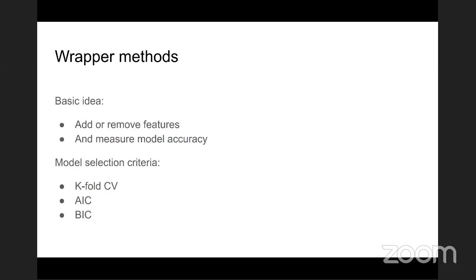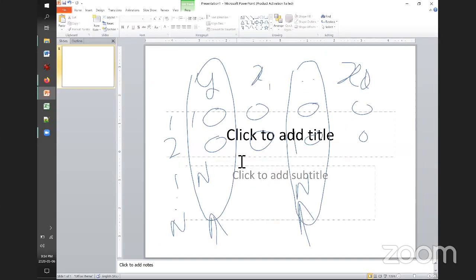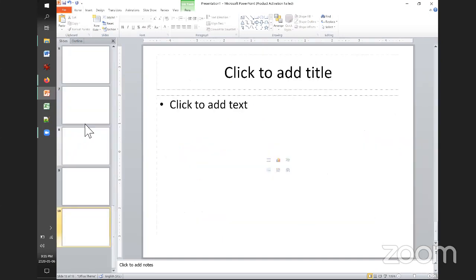Let me again go back here. What I mean is that I have these features x1, x2, all the way up to xd, and then I have sample 1 all the way up to sample n.